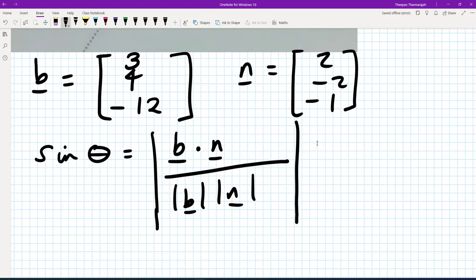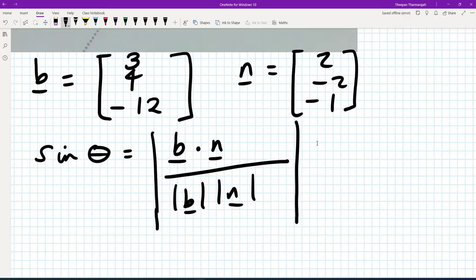It's a huge modulus sign. The modulus is important: it always allows us to work out the acute angle, and the question states to find the acute angle between line L and the plane.